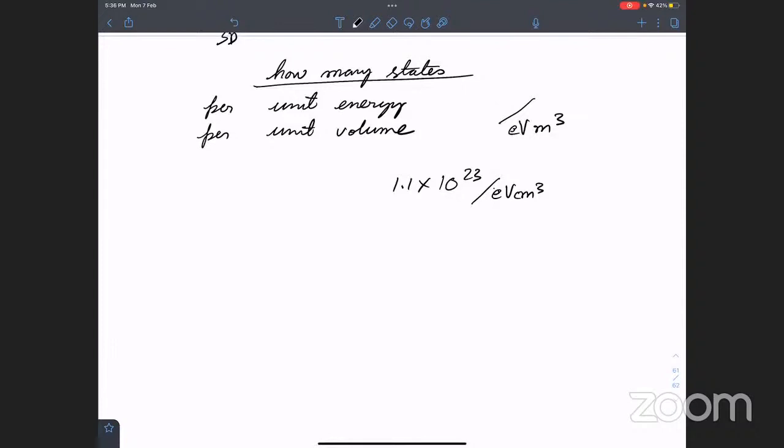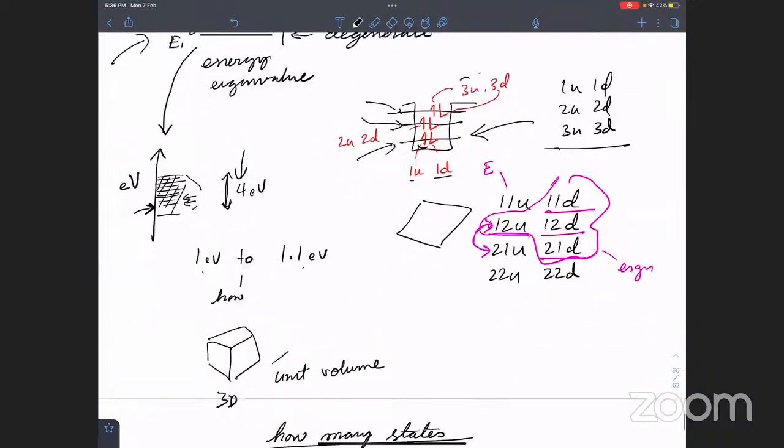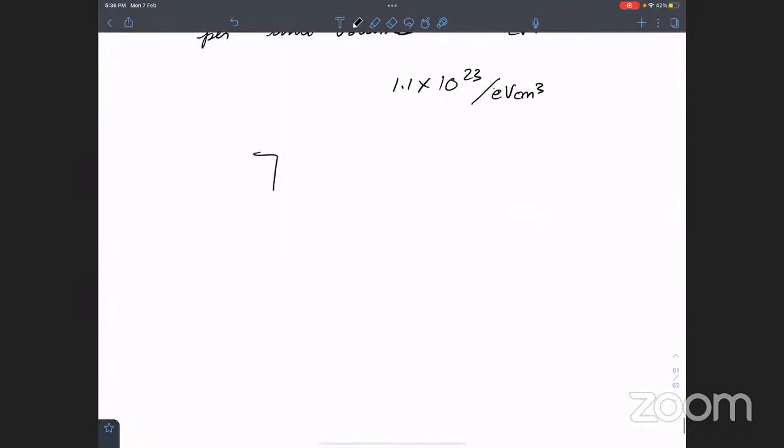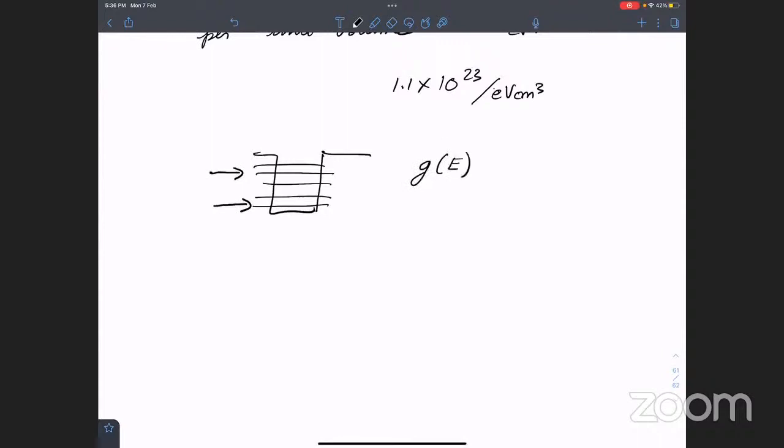And is it just one number? No, not really, right? Because let's say I'm plotting this energy, this is my finite well, and here I'll have different values. So density at this energy and density at this energy will be different. So the density of states, whatever we are saying, should be a function of energy, and it should have the units of per electron volt centimeter cube.